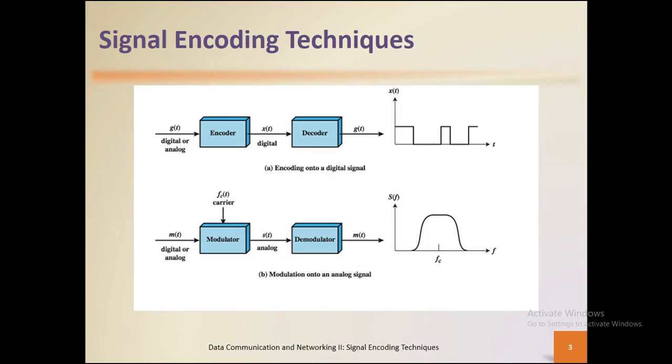We can have digital data going to analog signal or digital data going to digital signal, and then the other way around as well: analog data going to digital signal, or analog or digital data going to analog signal. So now let's look at some of these things real quick.